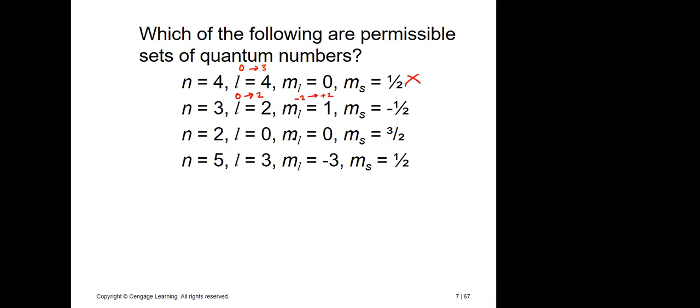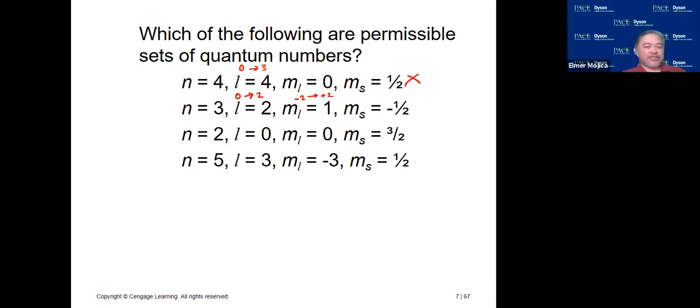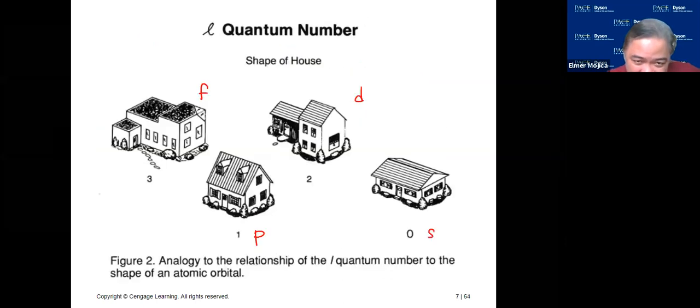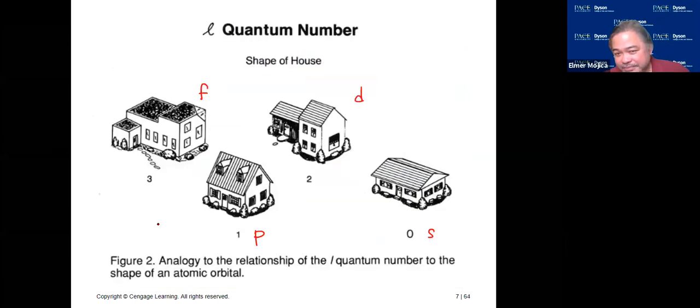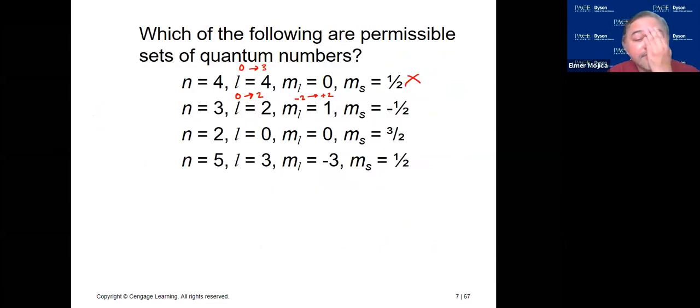Or if you remember the table here, 3 and 2, the value of M sub L can be any of these 5. Analyze, convince yourself it's allowed.